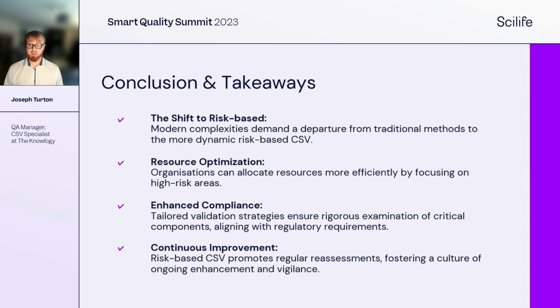The case studies have showcased that the flexibility and adaptability powered by a risk-centric view can drive success, where optimizing resources in a crucial way is a key takeaway, rather than spreading ourselves too thin. With risk-based CSV, it allows us to channel our efforts, time, and our resources into areas that demand the most attention, allowing for maximum efficiency.